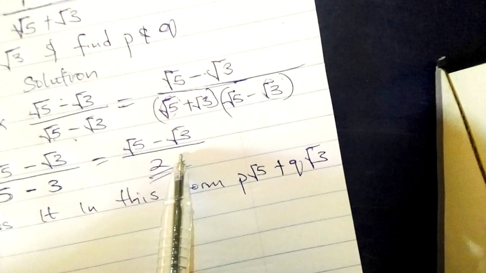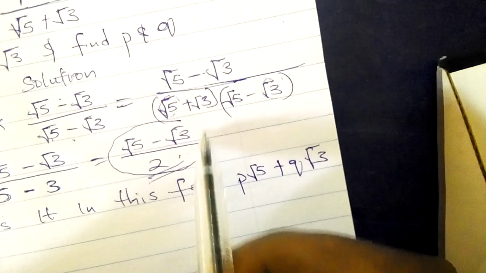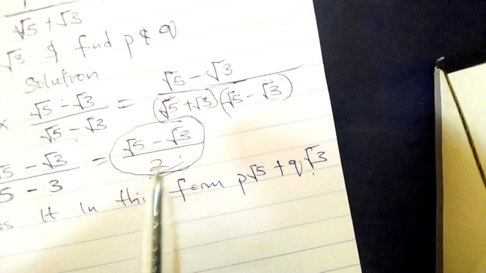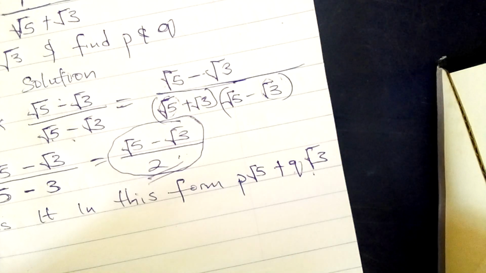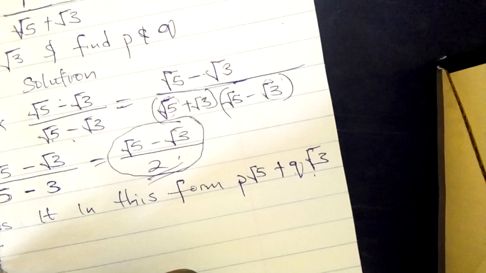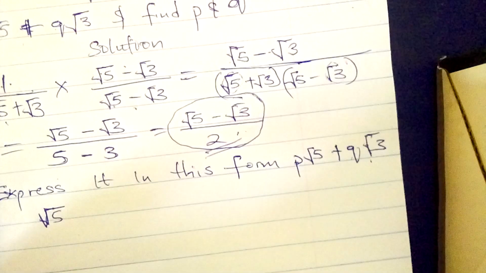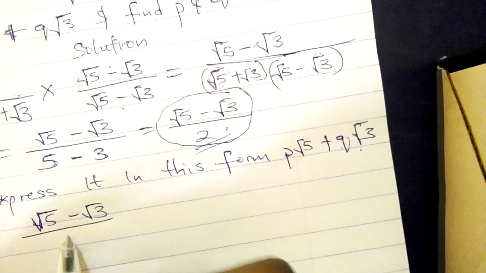This is the answer we got, so we are going to express everything here now. It's only when I have expressed it in this form that I can get your p and q. Then we'll compare them. So we now have our answer: root 5 minus root 3 all over 2.